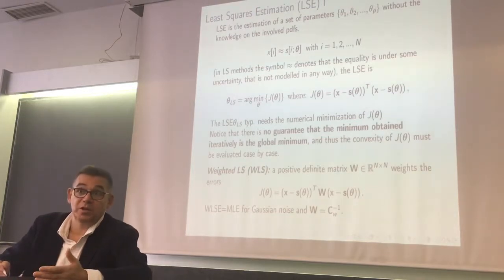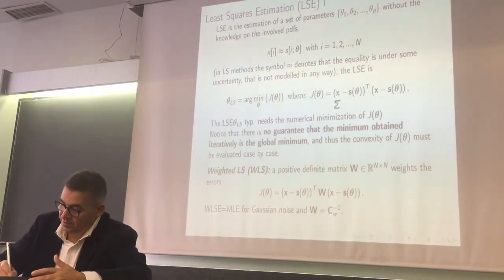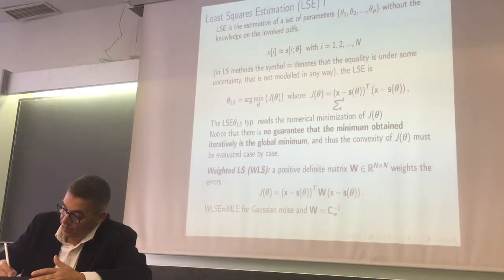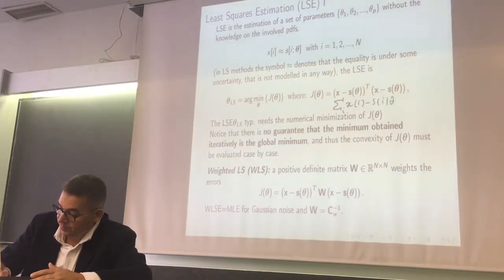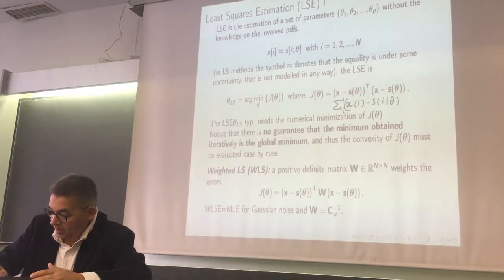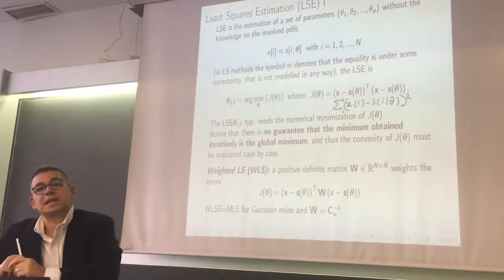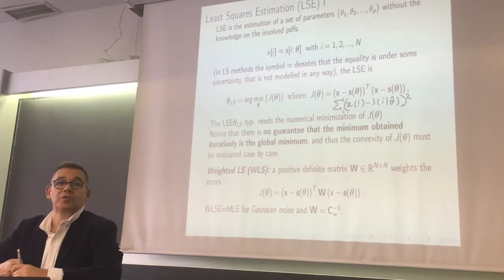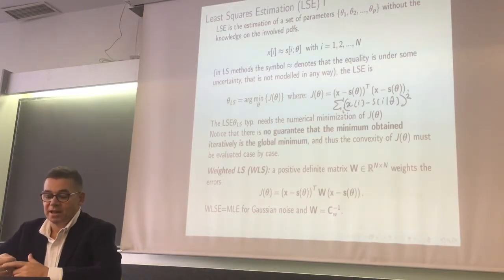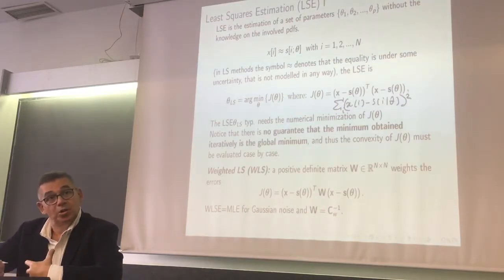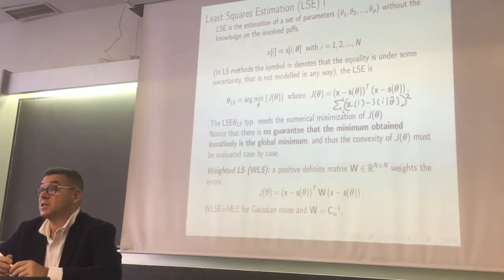And you know perfectly well that this is representative of summing, the sum on every i of (x_i minus s_i(theta)), and then you make the square for that. So what I'm representing is the sum of the square of the errors. So this is the metric I'm considering. And then my goal is to find a minimum for that. So this minimization is called the least square method.